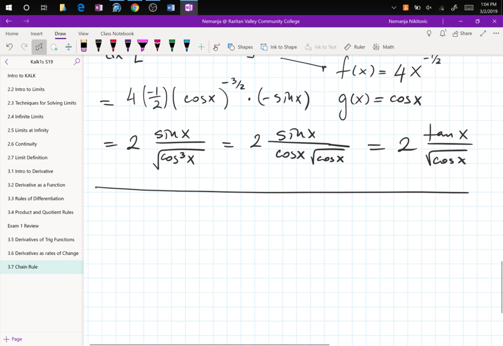The derivative of secant of 3x plus 1. What's the derivative of secant?